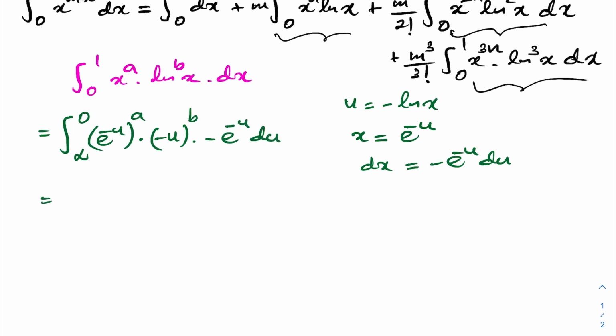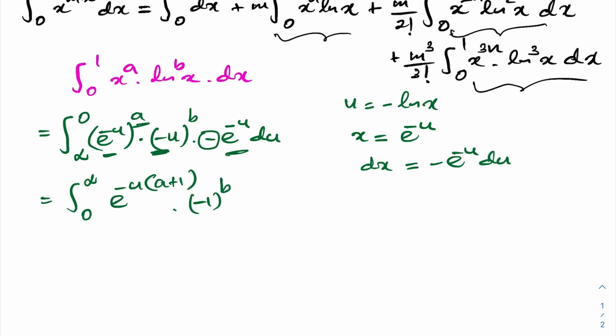Then we can interchange the limits to 0 to infinity. When we change the limits, this minus sign gets cancelled, so we have e to the minus u raised to the a power, and here e to the minus u, so e to the minus u times a plus 1, times minus 1 raised to the b power times u to the b power du.